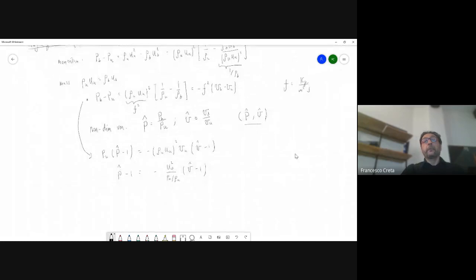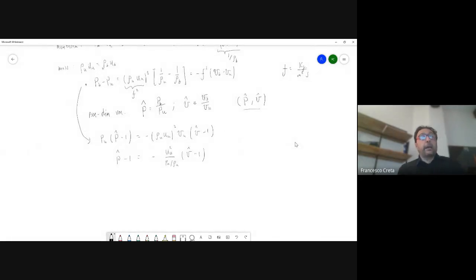So it seems that we have reduced the complexity of conservation of mass and conservation of momentum across a moving interface into one essentially linear equation in the variables P hat and V hat.